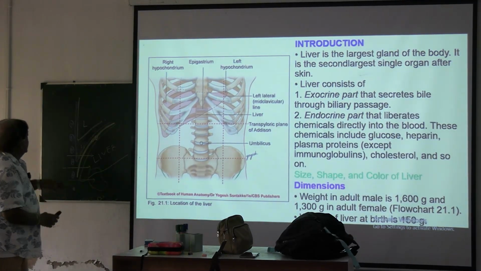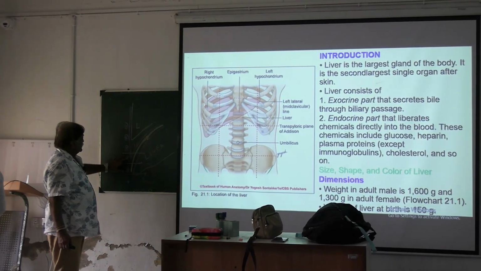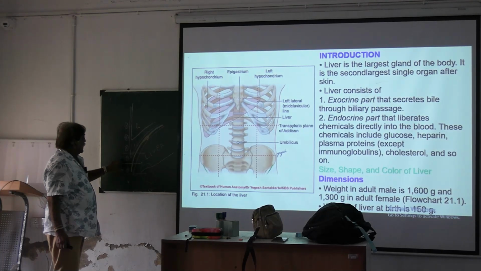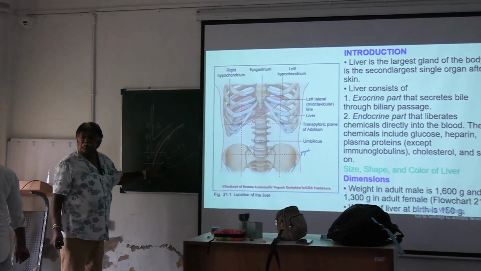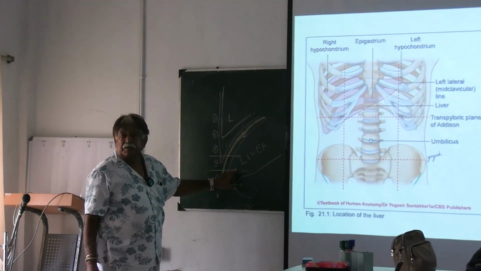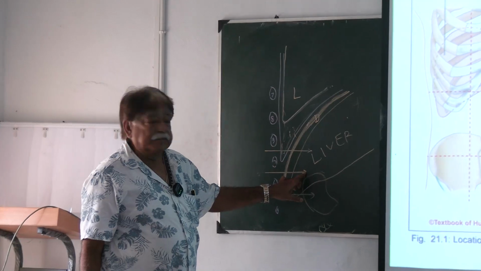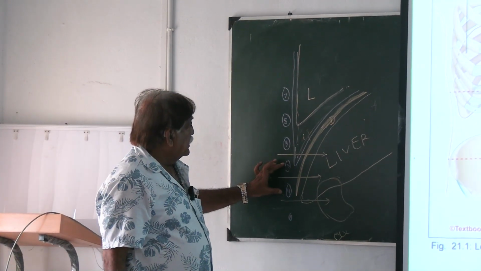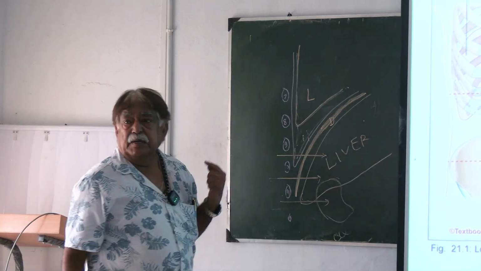Second thing, this is the 7th rib, 8th rib, 9th rib, 10th rib, 11th rib. Now for fine needle aspiration cytology, FNAC, in between the 10th and 11th, you put a needle and take it out.